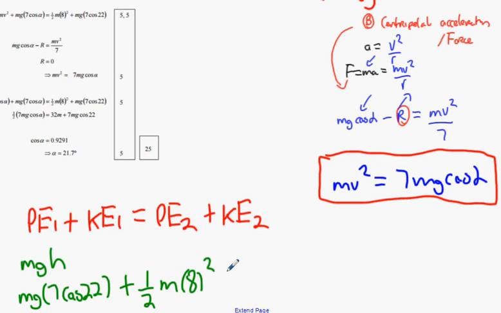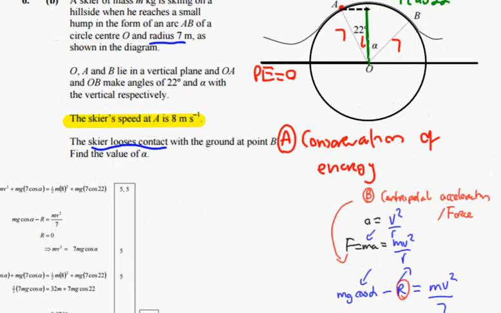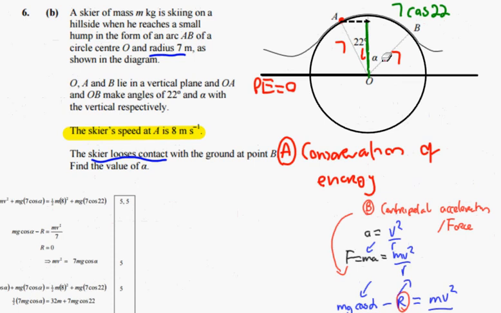Now, equals potential energy at point 2. Where is point 2? Potential energy at point 2, or point B, is here. So, I'm going to finish off this triangle here. What is this red distance? What is the red height? Here. And that's a 7 again.